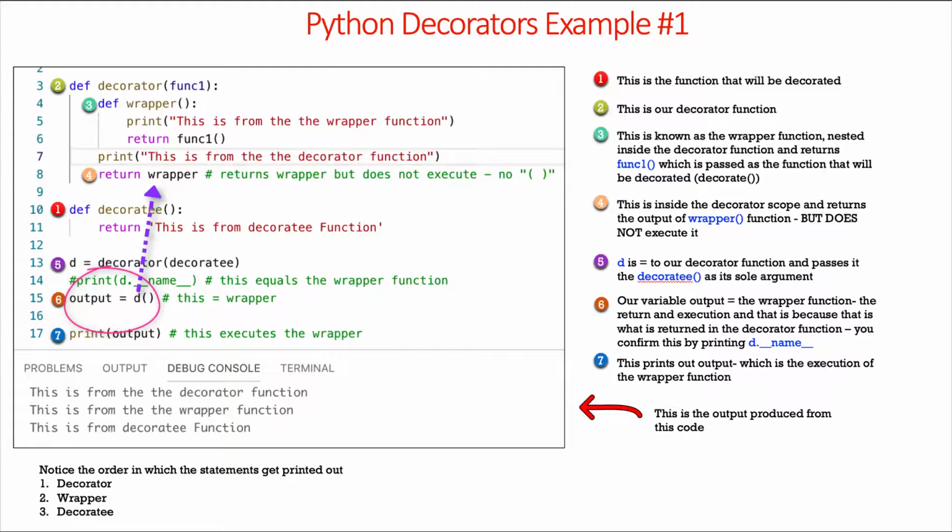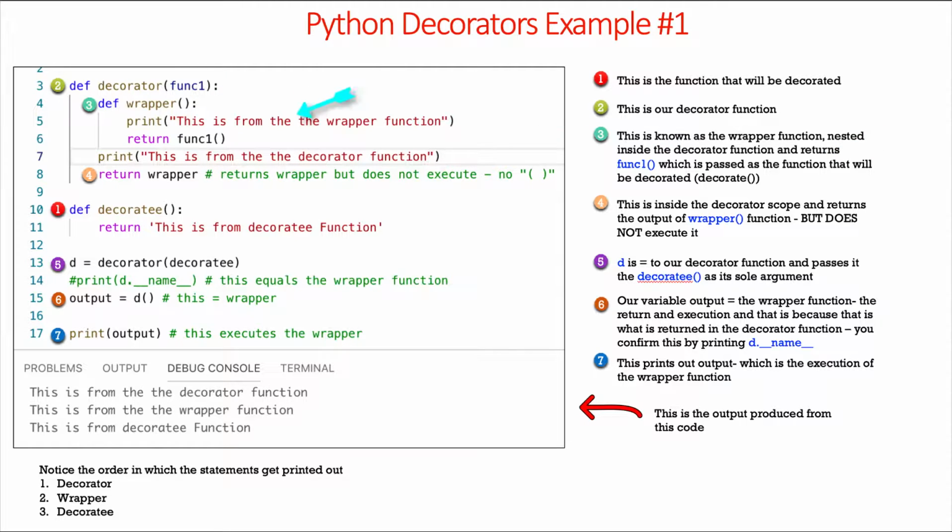You can confirm this by printing d.__name__. This prints the output, which is the execution of the wrapper function. And now you see down here is the output produced from this code. I'd like you to notice the order in which things get printed out. So the first thing that gets printed out is what is in the decorator function, right? This is from the decorator function.